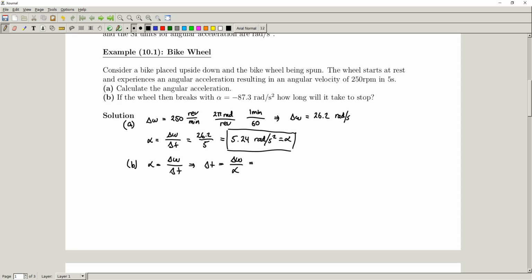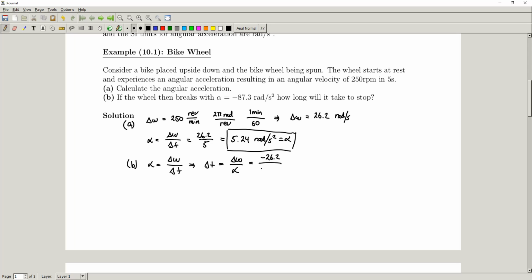And we just solved for what our delta omega is in terms of radians per second. But let's remember that we went from 0 to 26.2 radians per second in 5 seconds in the first part. Now we're slowing down from 26.2 radians per second down to 0, so this is going to be a negative 26.2 over our alpha.